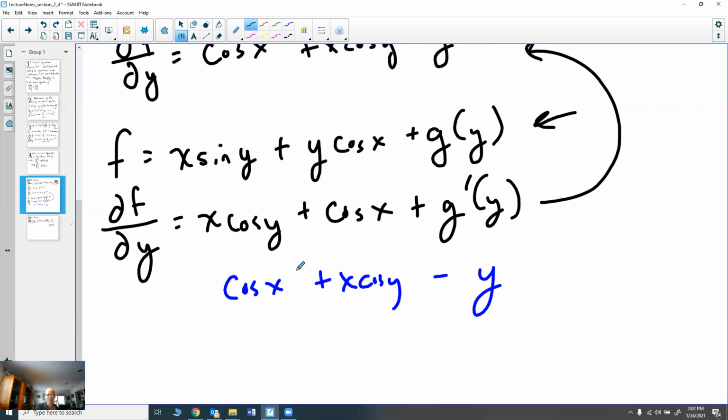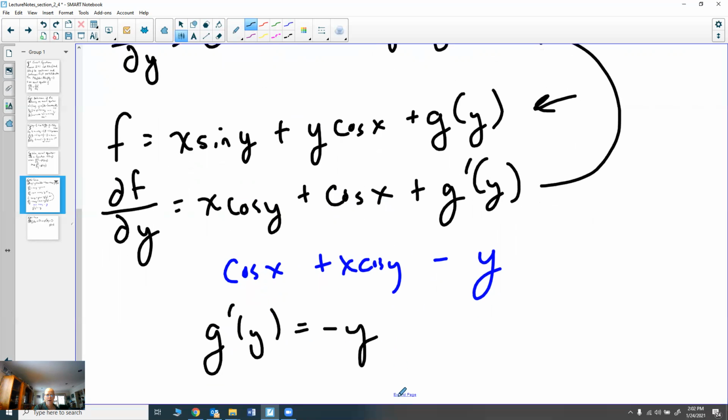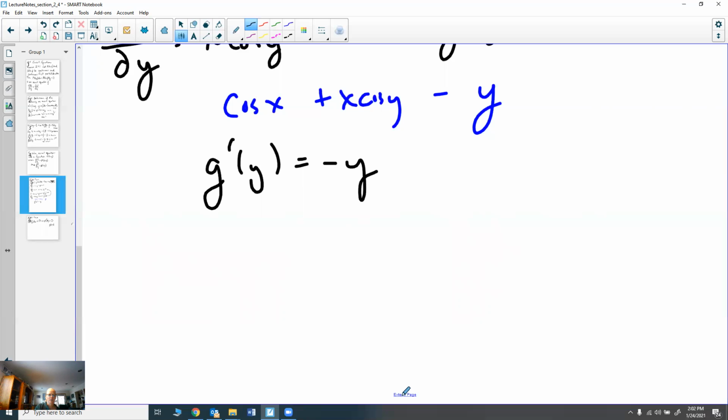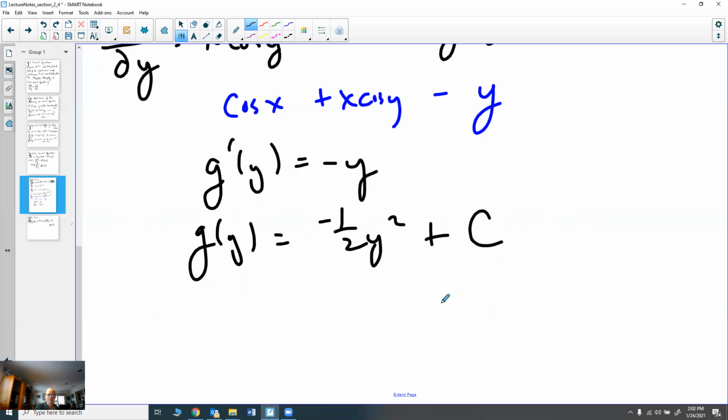They cancel each other out. The only thing left is g prime of y equals minus y. So now we can find out what g of y is. G of y would be minus 1/2 y squared plus some constant.